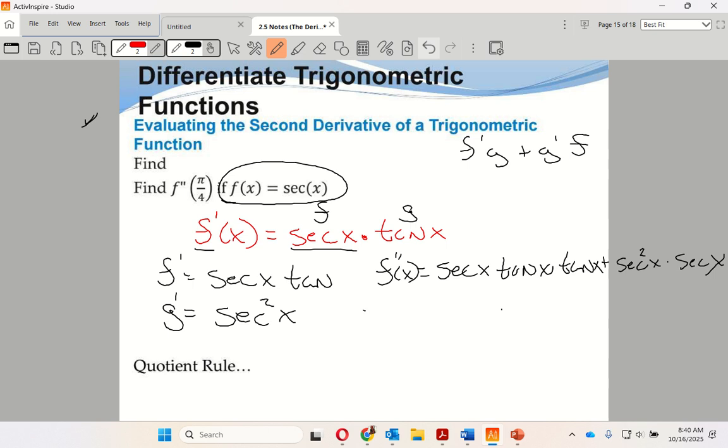So f double prime of pi over 4 is going to give me, those two are going to give me 1. Secant is 1 over the x value, right? There's a reason why these are called reciprocal identities. It would just be the reciprocal, so it's going to be 2 over rad 2.